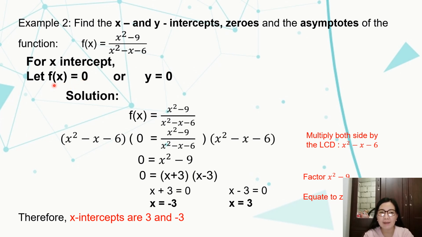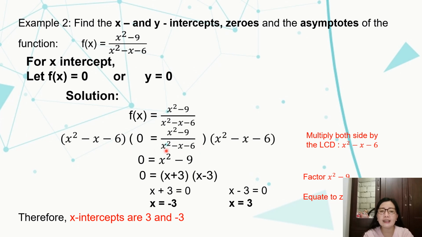Meaning, palitan lamang natin itong f of x ng 0. So, kung mapapansin ninyo sa aking solution, itong f of x ay pinalitan ko na ng 0. Then, I just copied the equal sign at yung x squared minus 9 over x squared minus x minus 6.